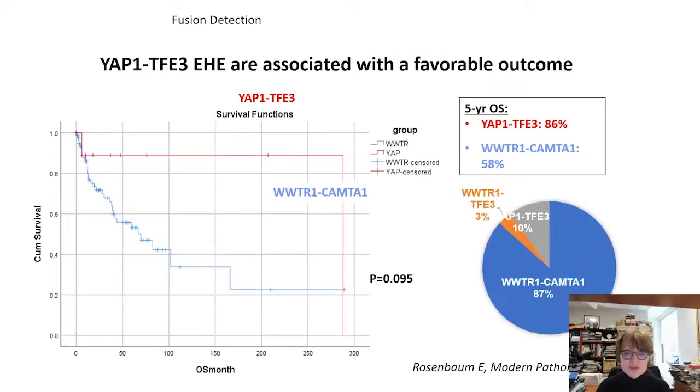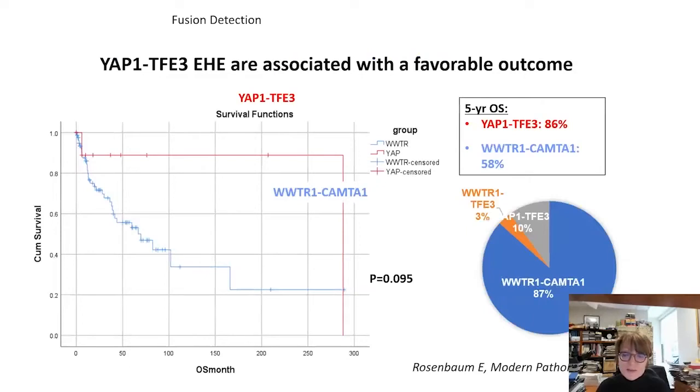So is fusion detection important in EHE? Obviously, it is important to confirm the diagnosis. Sometimes the EHE diagnosis can be challenging, when distinguishing from other vascular tumors or when the material is very scant. So molecular testing is paramount to first confirm the diagnosis.